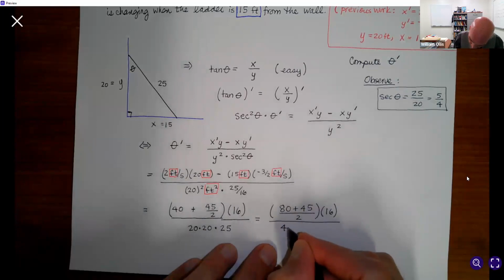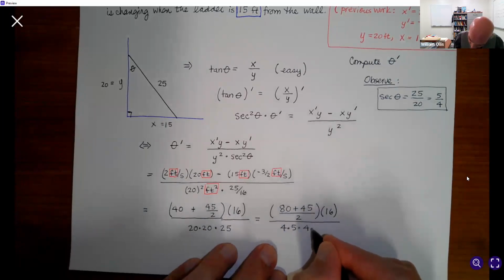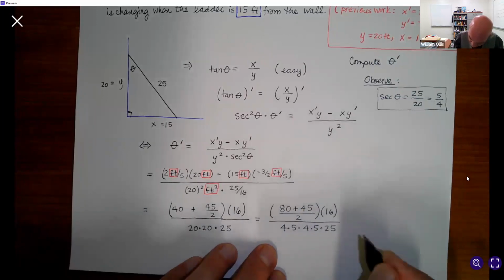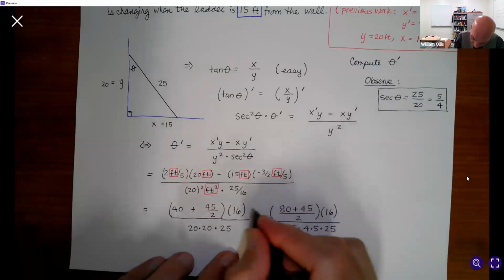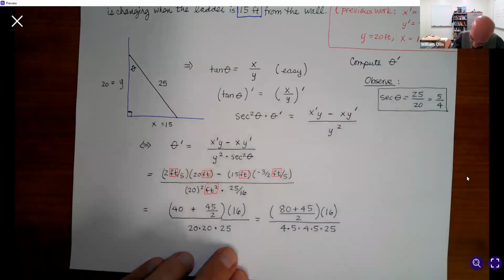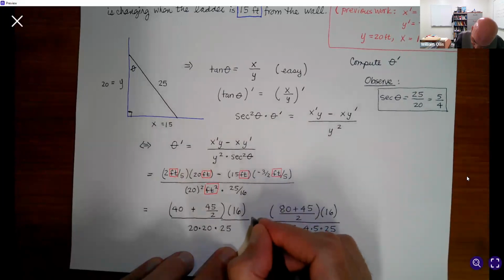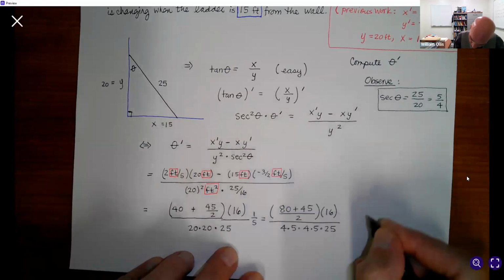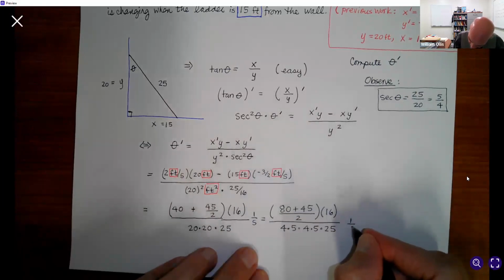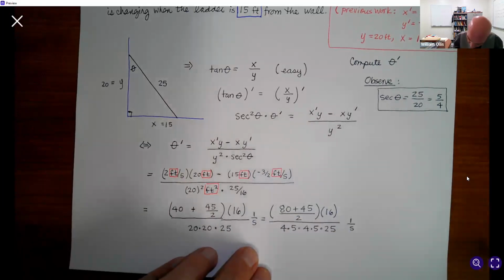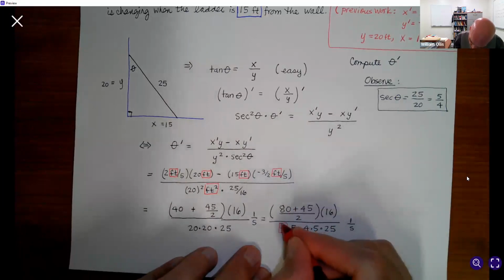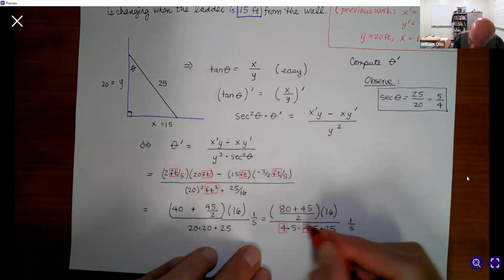That'll be a 4 times a 5 times a 4 times a 5 times a 25. So let's get that absorbed. And of course, this is real number per second. So let me just say 1 over second, not to forget the units. So the 4's absorb with the 16.